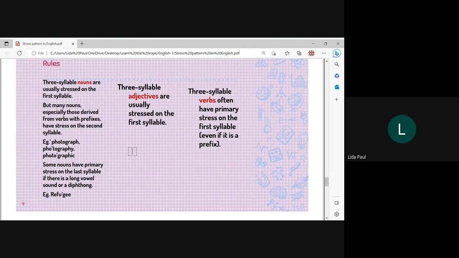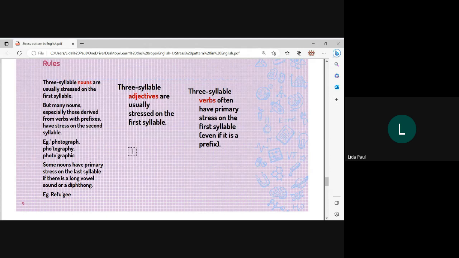Now, about verbs. There's a change in this part of stress marking in verbs. In disyllabic verbs, the default marking position was what? Second syllable. Now, what is the case with three-syllable verbs? On the first syllable. If you have more than two syllables in a verb, then it is going to be marked on the first syllable.